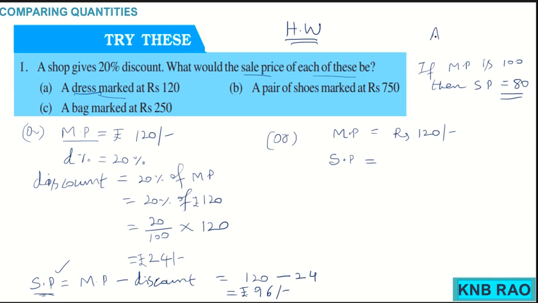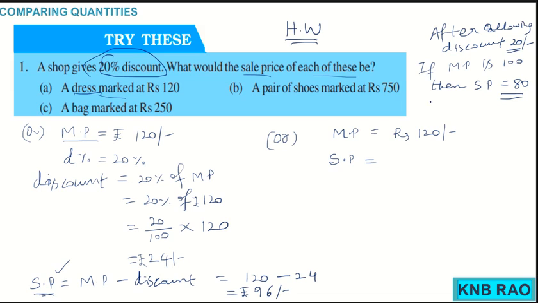We got it after allowing discount 20. How did we get the 20 discount? It is because 20% is the discount. So after allowing discount 20, if MP is 100, then SP is 80.